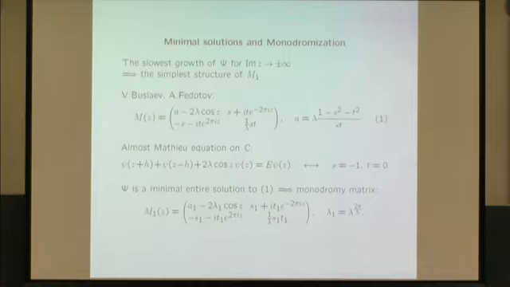And one of the results obtained by Buslaev and me was the following: there exists a minimal entire solution to the equation with this matrix, such that the corresponding monodromy matrix has this form. What is the difference? You have just replaced S by S1, T by T1, and lambda by lambda1.